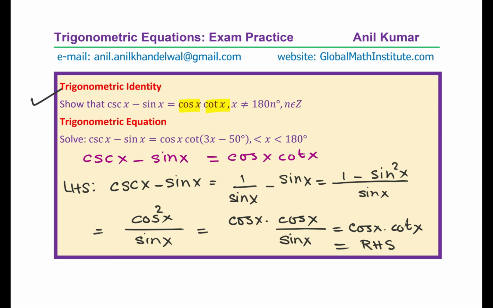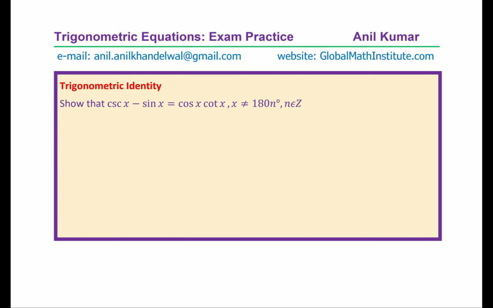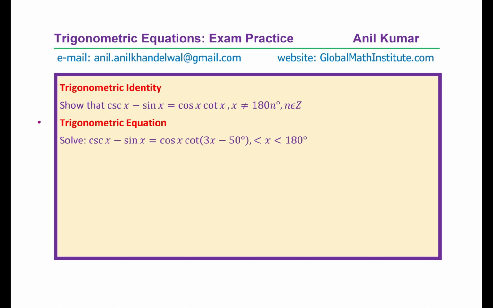Now this is extremely important since it helps you to find the solution of the trigonometric equation given to you. So now let's find the solution of the trigonometric equation, which is cosecant x minus sine x equals cos x times cot of 3x minus 50.